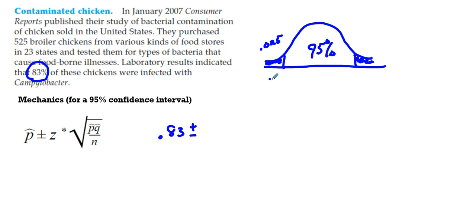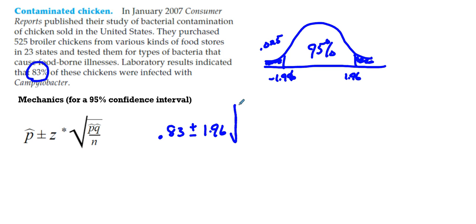That's 1.96, both positive and negative. We don't really care. We just want the number because we are adding and subtracting, or better said, the calculator will be adding or subtracting. So there's our p hat. There's our critical value. That ties to our inverse norm function from way back in the day.